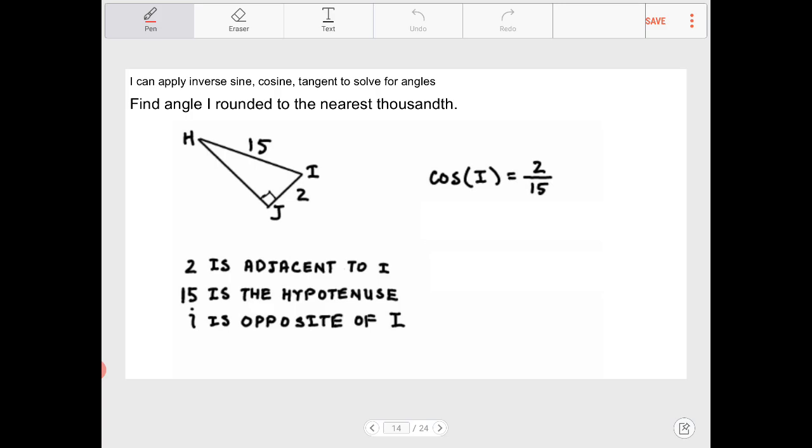So cosine of I is equal to 2 over 15. But I'm trying to figure out what angle I is, so I want to take the arc cosine function: arc cosine of 2 over 15. I end up with I equal to 82.338.